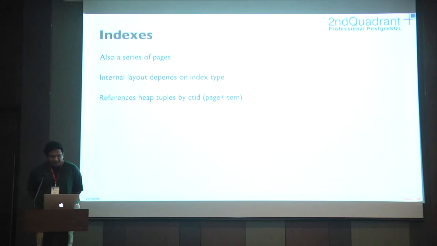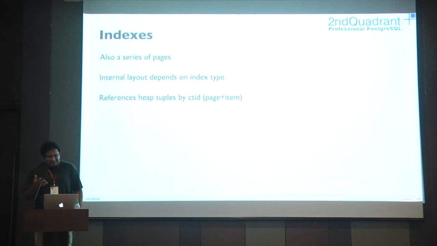And the fundamental underlying mechanism by which an index works is that it references tuples in a relation or a table or a heap, all of which are terms used in Postgres, by their position within a particular page.